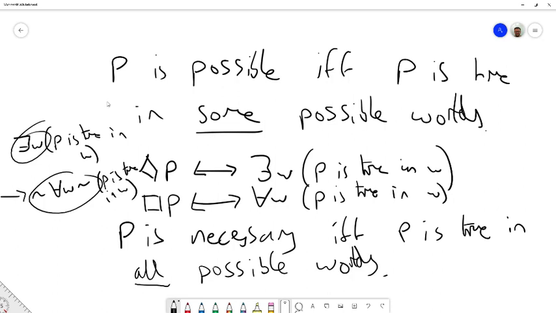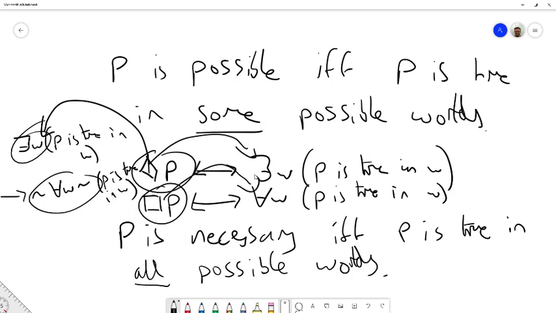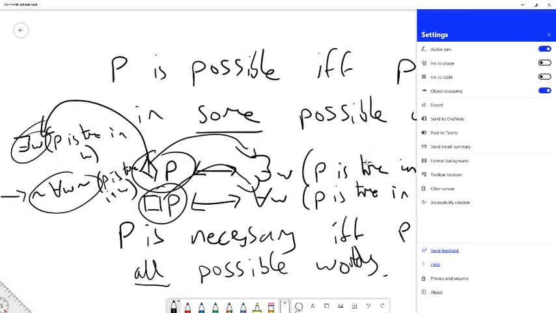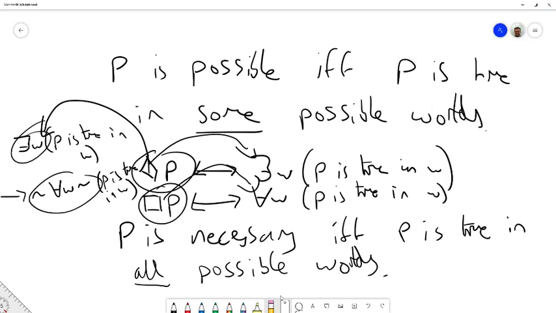And notice, by the way, that when we do this, possibly P actually gets interpreted as being an existential quantifier over worlds, and necessarily P becomes a universal quantifier over worlds. So I'm aware that perhaps this won't make too much sense to you, but for those of you who like it in logic, I know some people do, then this might help. But it's the word definitions that matter.